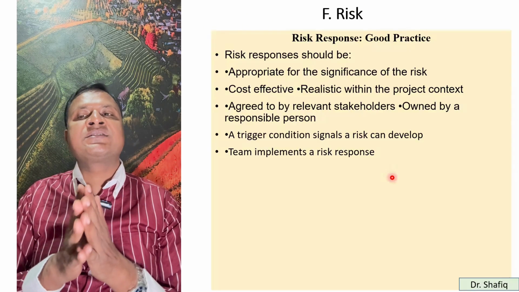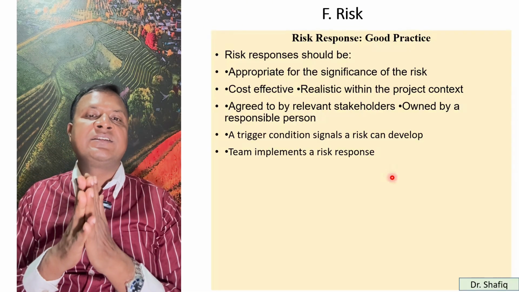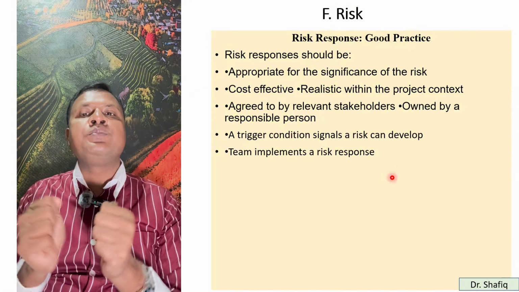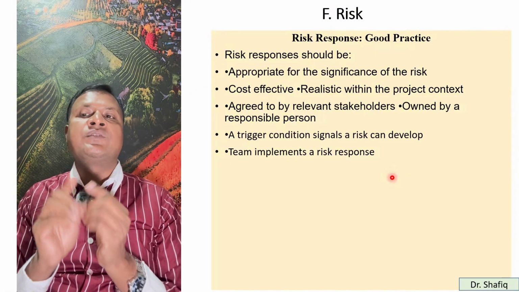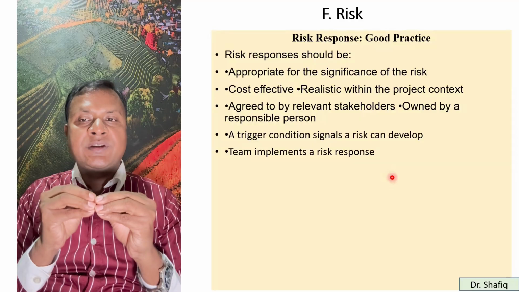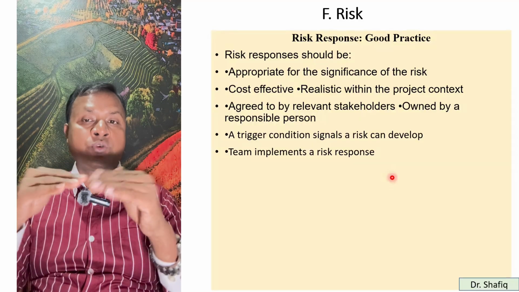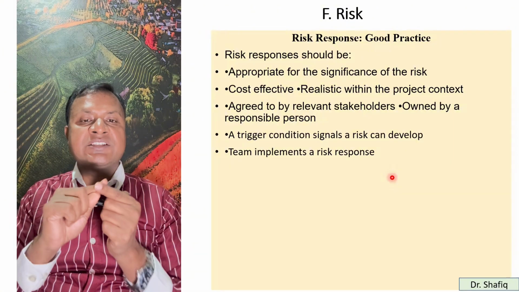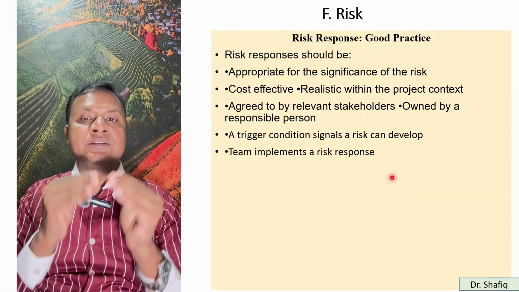So we should practice some good practices for addressing risk, for risk response. Risk responses should be appropriate for the significance of the risk. They should be cost effective, realistic within the project context, and efficient, because with fewer resources you have to address it.